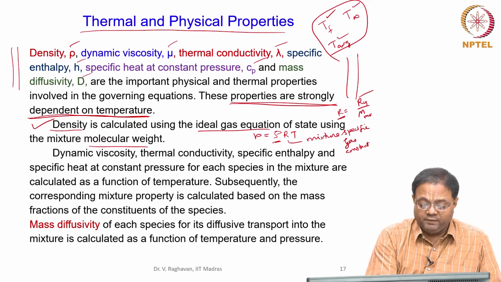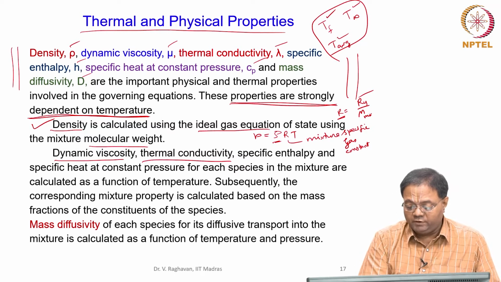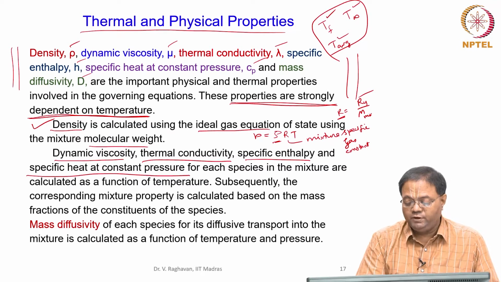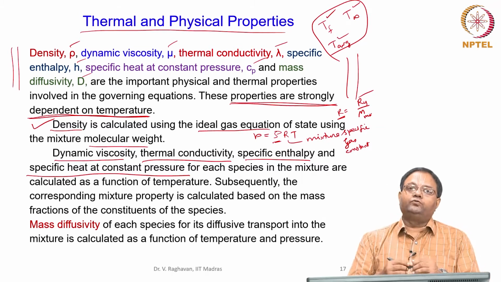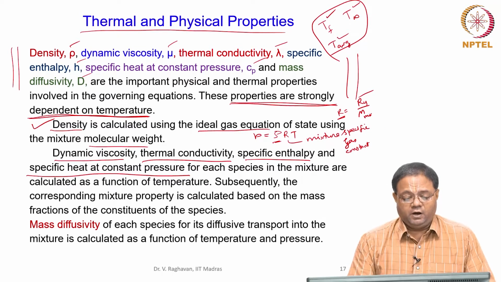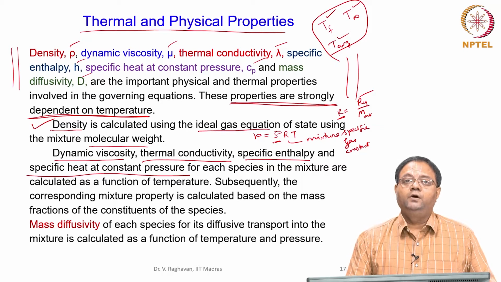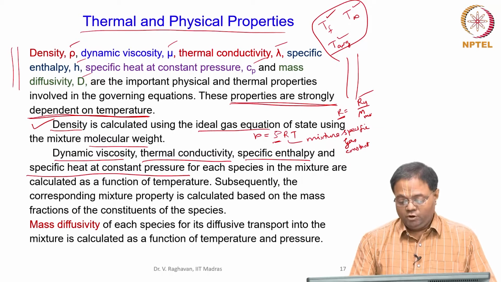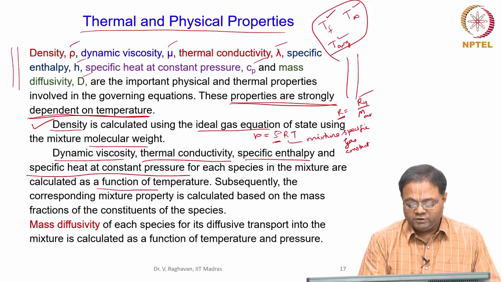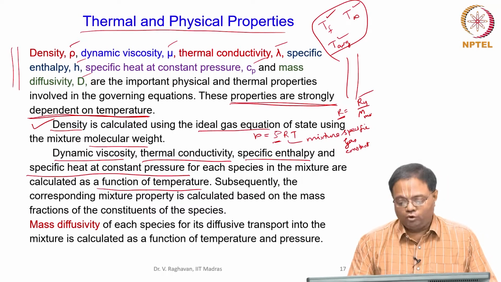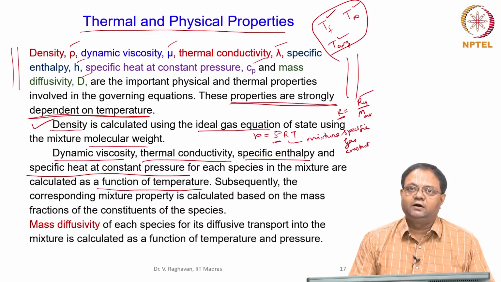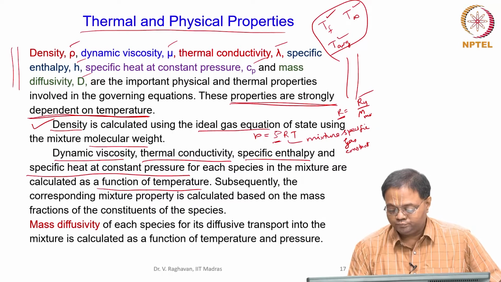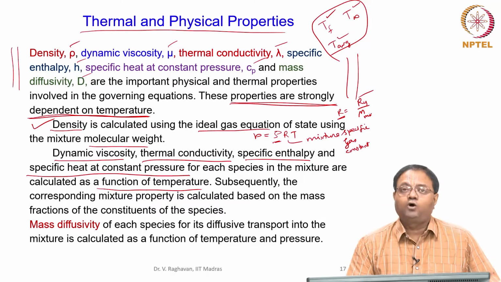Similarly, for the dynamic viscosity mu, thermal conductivity, specific enthalpy and the specific heat, first of all, you have to calculate the values for each species. So, before arriving at the dynamic viscosity of the mixture, we need to know the viscosities of each species. So, it should be calculated as a function of temperature. There are correlations available. You can take any standard property textbook like Reid, and you can get the correlations.